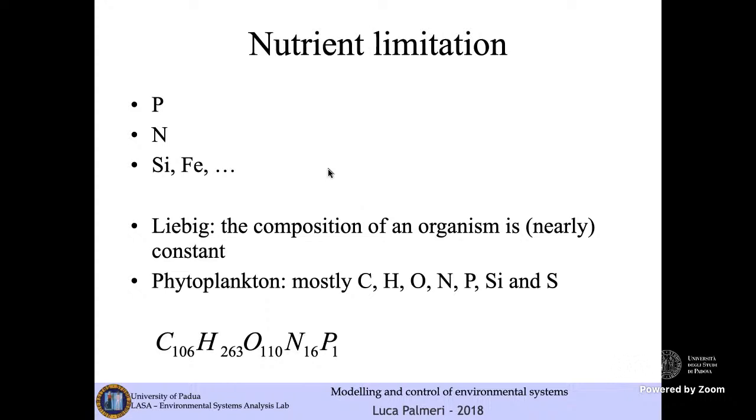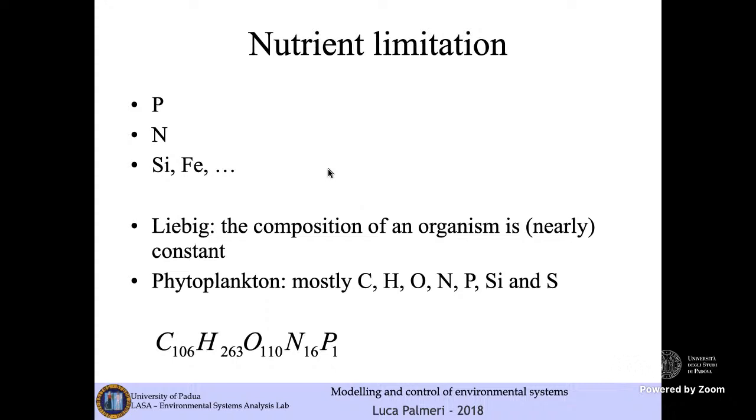Now let's give a look to the other fundamental concept, that of nutrient limitation. What does nutrient limitation mean? Of course, as we have said, growth is possible as far as there is availability of the resources that are necessary for growth.